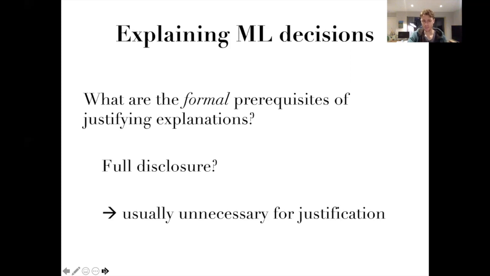There might be other reasons why you'd want deeper, more exhaustive explanations from a system, perhaps in order to enhance your control over that system or to improve the system's functioning. But as far as the aims of justification are concerned, the requirements for justifying a decision, it's not usually necessary to have very much information.